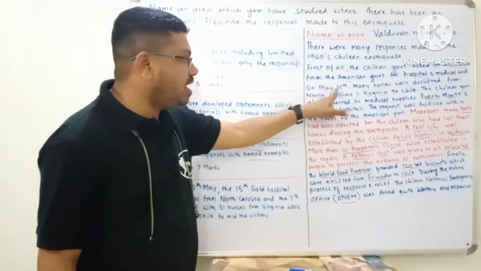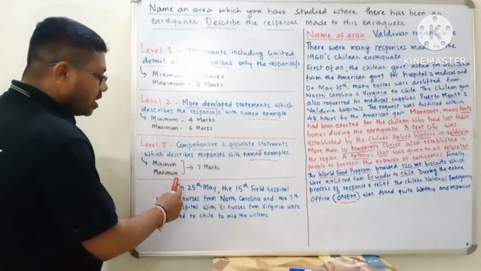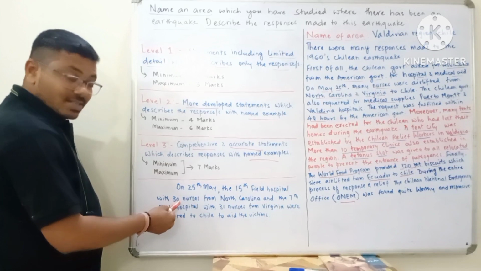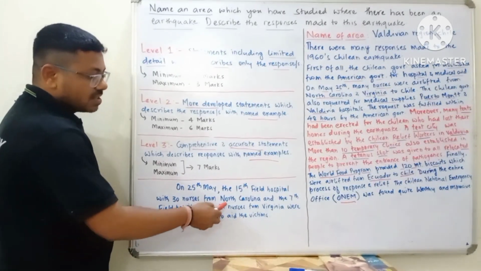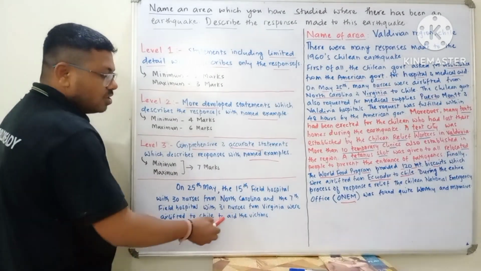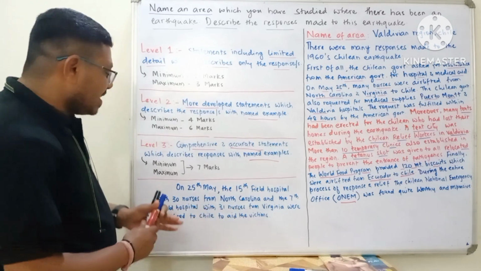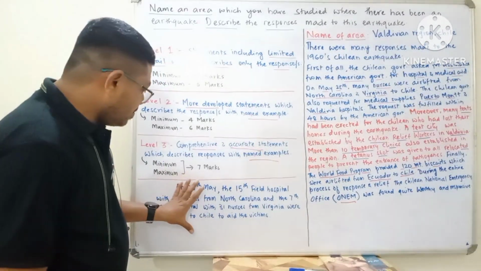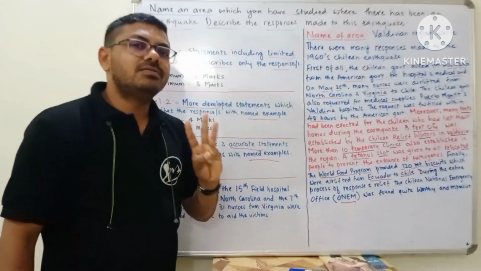Instead of writing "on May 25th, many nurses were airlifted," I am writing that on 25th May, the 15th Field Hospital with 30 nurses from North Carolina and the 7th Field Hospital with 31 nurses from Virginia were airlifted to Chile to aid the victims. Can you see? This statement is accurate and comprehensive. I will put this statement over here and this idea will become level 3.